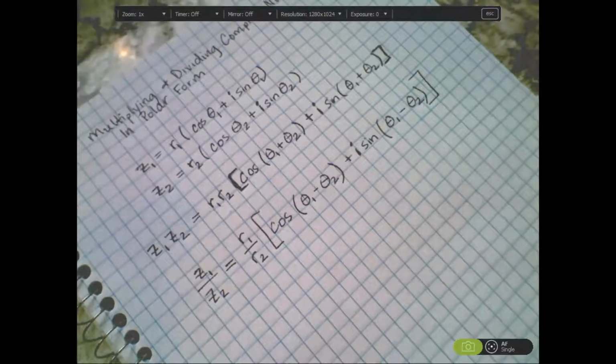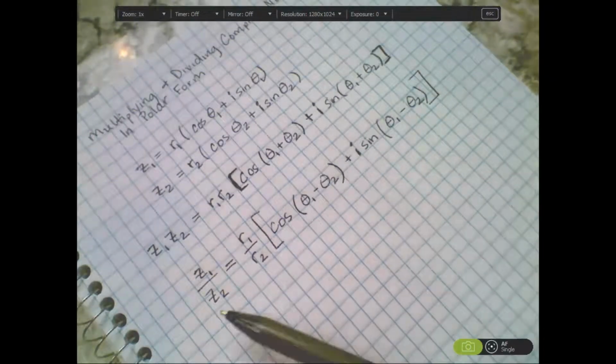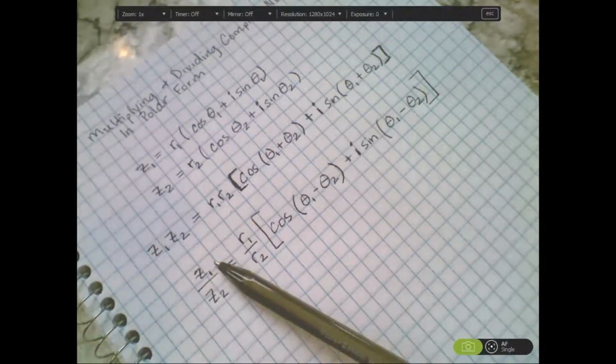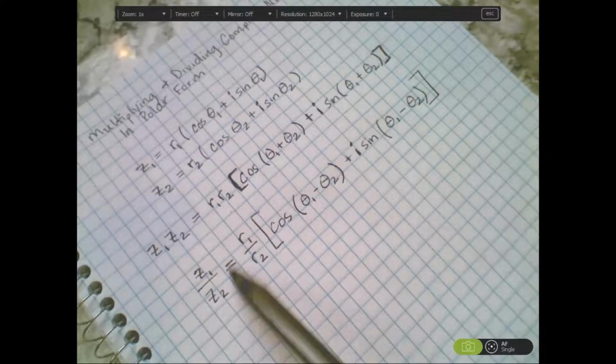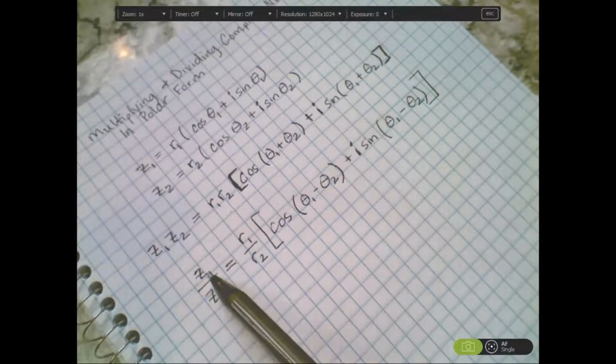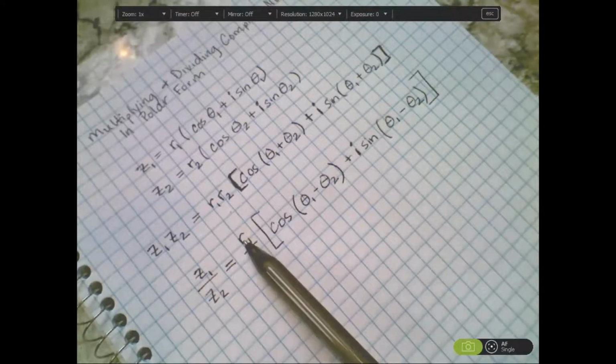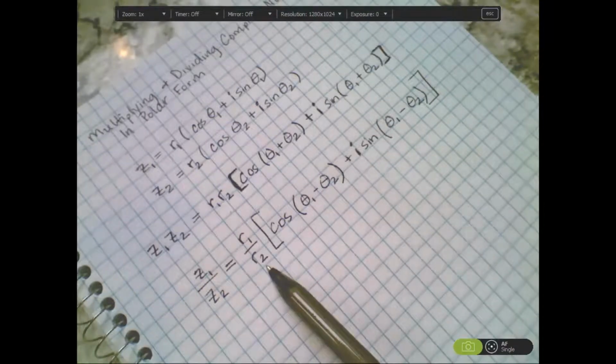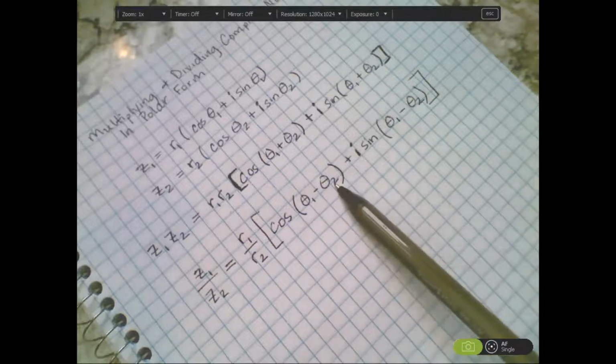So one common question I get a lot when we do this is, which one is Z1 and which one's Z2? Whichever one is the numerator, that's what we're going to call Z1. So whichever one you have in the numerator, that R value is going to go on the top, and the other R value is going to go in the bottom. And then you're going to subtract the angles in that order.